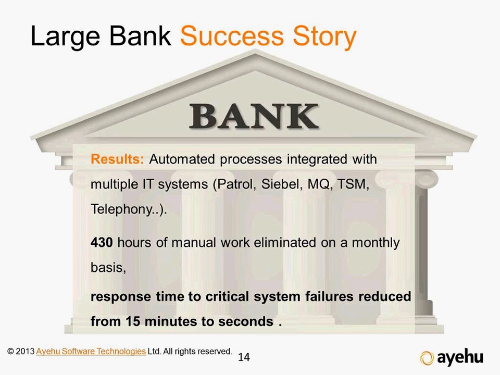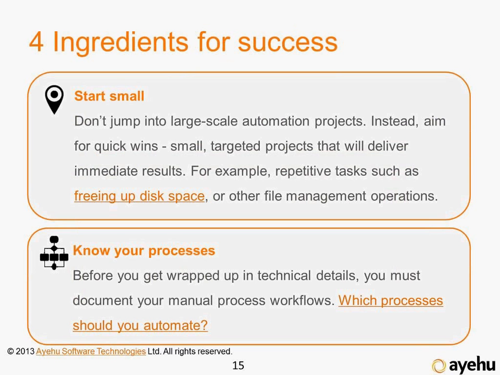With automation, a lot of those processes were integrated with various IT systems that were in place, and the need for human intervention went away. The slow response times went away, and the manual work was eliminated, 430 hours per month. They saw their response time to critical system failures drop to seconds, and a huge savings, and it made them a much more efficient organization.